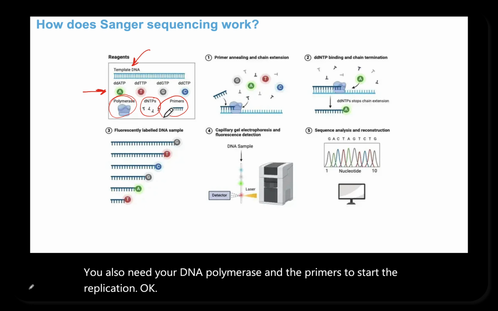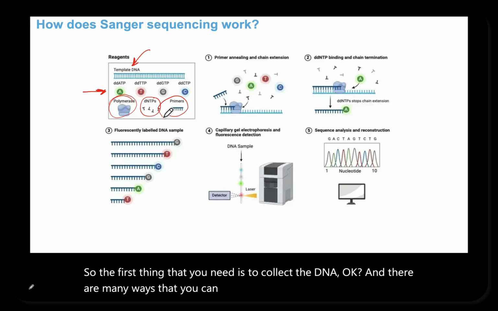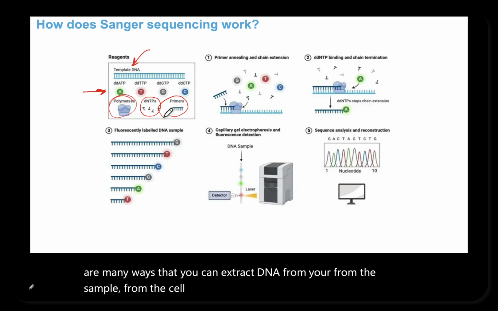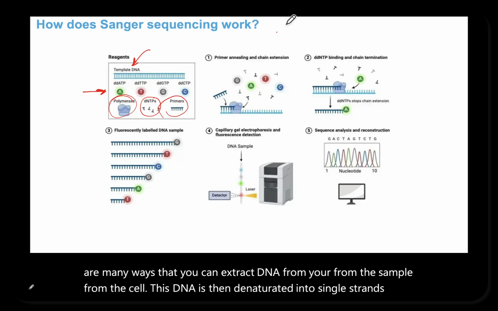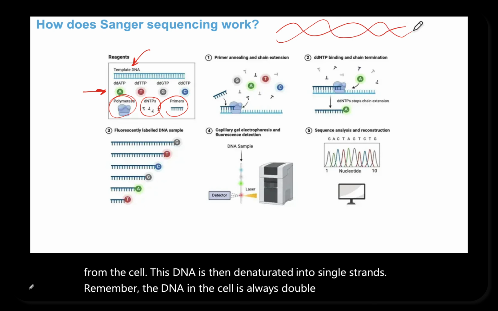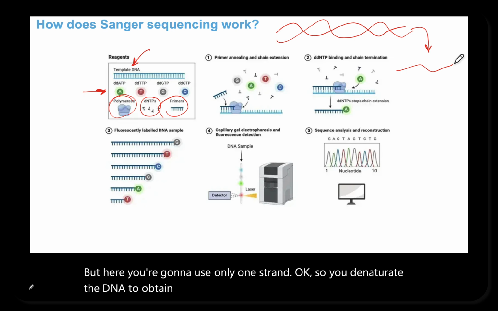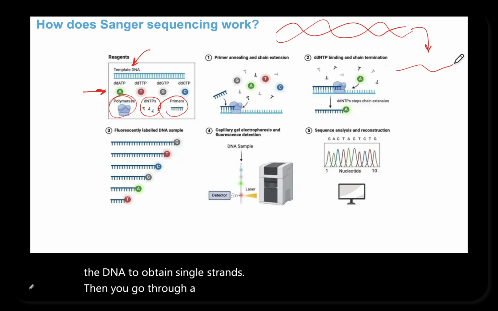So the first thing that you need is to collect the DNA. There are many ways that you can extract DNA from the sample, from the cell. This DNA is then denatured into single strands. Remember, the DNA in the cell is always double stranded, but here you're going to use only one strand. Then you go through a PCR, a polymerase chain reaction.